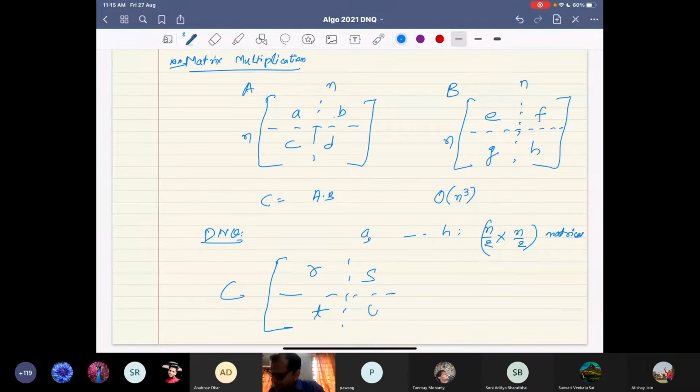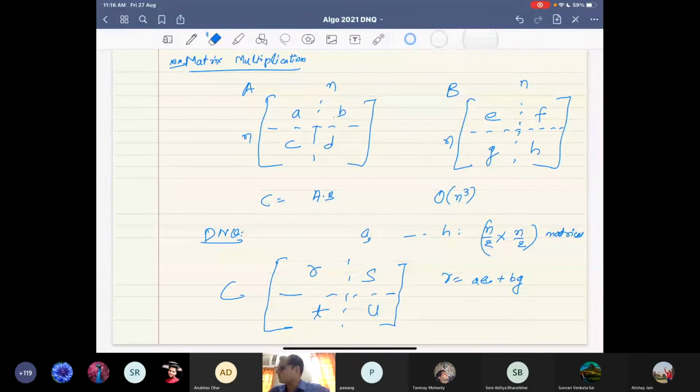R, S, T, U. What will be R? I'll just ask what is R. AE plus BG, right? R is AE plus BG. You can just write like your normal multiplication, but they're actually matrix multiplication. So similarly, you can write all the 4 terms.